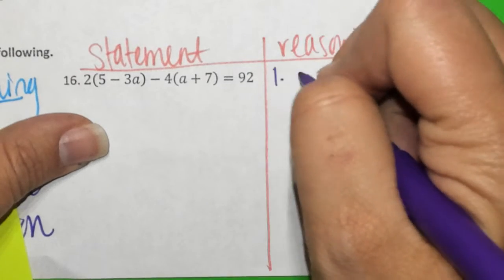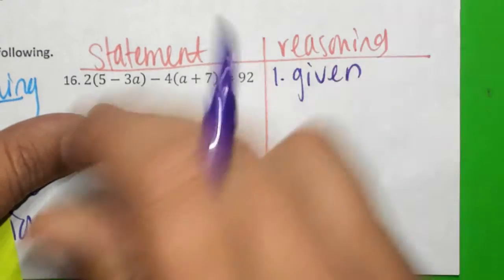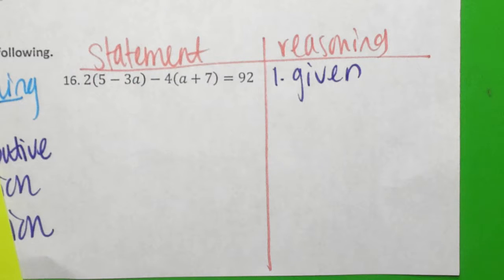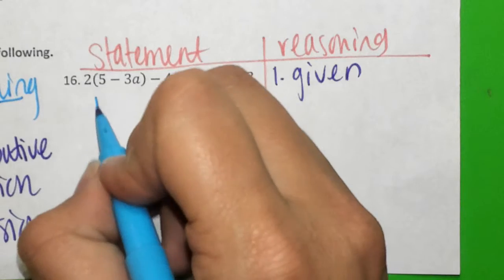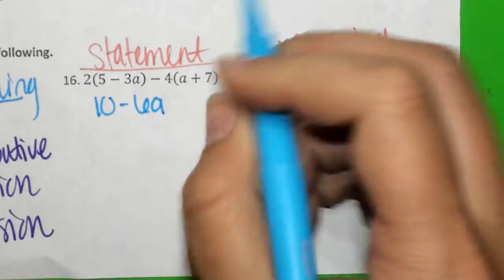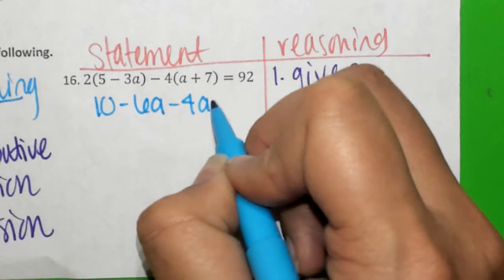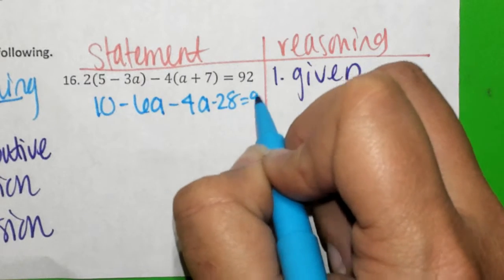But this is the lazy way. Alright, so what would we do first? We would distribute, and that would give us 10 minus 6a minus 4a minus 28 equals 92.